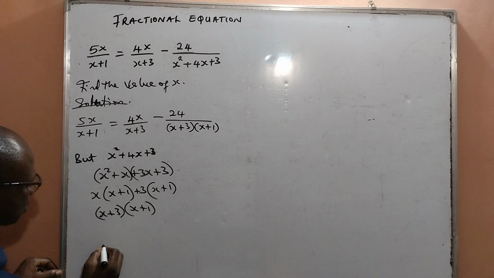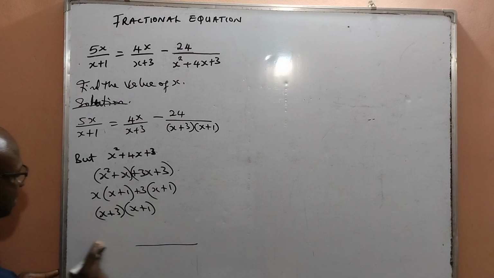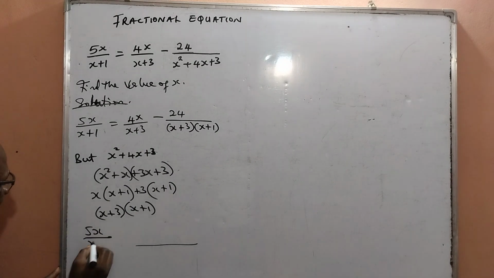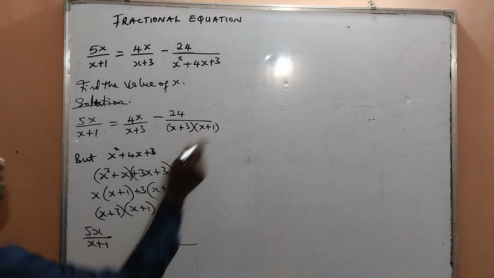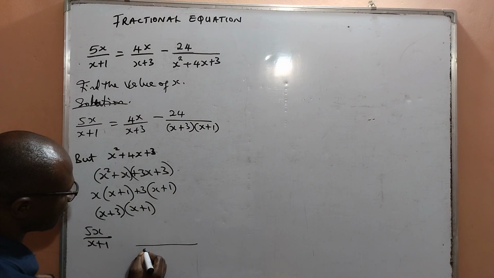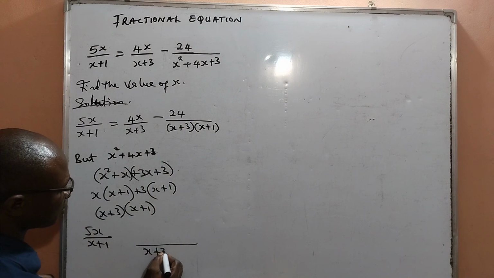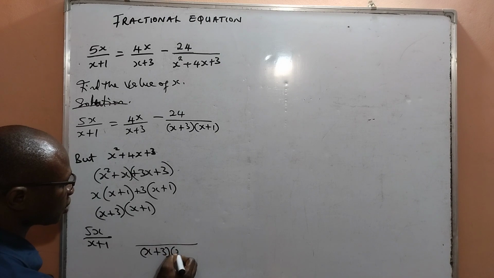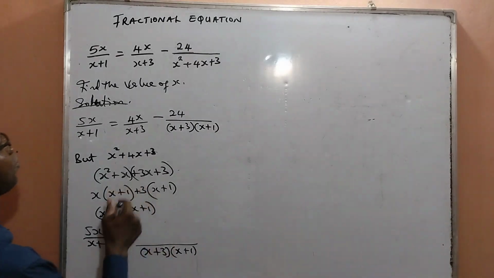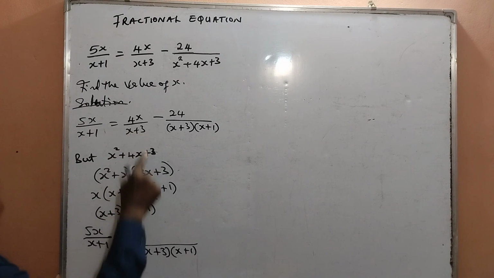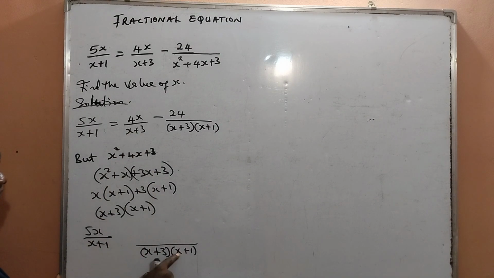Therefore, we can now say, from the left hand side, I got 5x divided by x plus 1. And by the right hand side, the LCM is x plus 3 into x plus 1. And at the numerator, x plus 3 divided into the LCM will give me x plus 1.